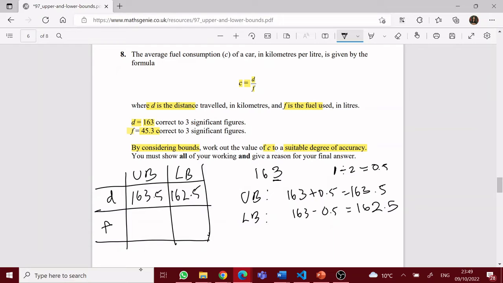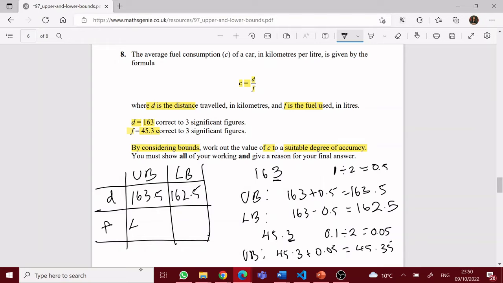Now, to find the upper and lower bound of 45.3, look at what it's rounded to the nearest. Here, it's rounded to 1 decimal place, or 0.1 place value. I divide that by 2 and it gives me 0.05. To find the upper bound, I do 45.3 plus 0.05, which is equal to 45.35.